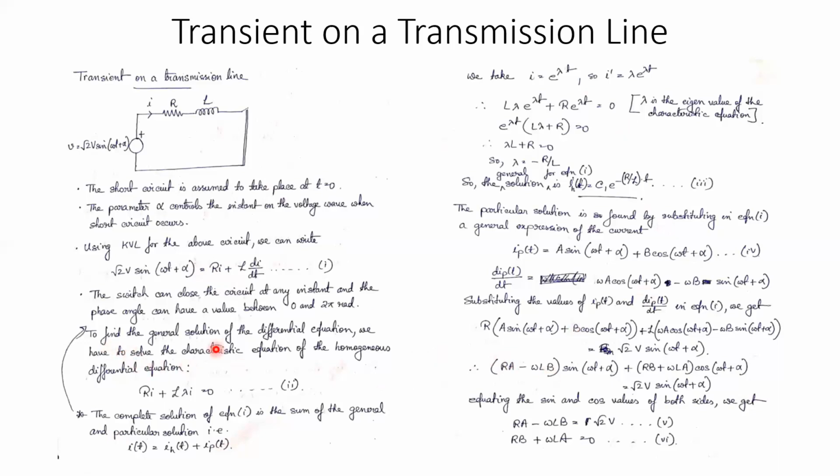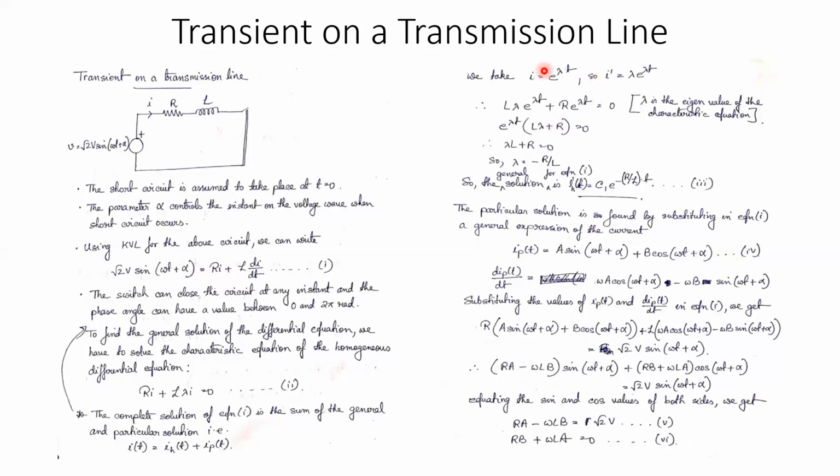To find the general solution of the differential equation, we have to solve the characteristic equation of the homogeneous differential equation, which can be given by Ri plus L lambda i, where lambda is the eigenvalue of this characteristic equation. Now, if we take i is equal to e to the power lambda t, so di/dt is equal to lambda e to the power lambda t.